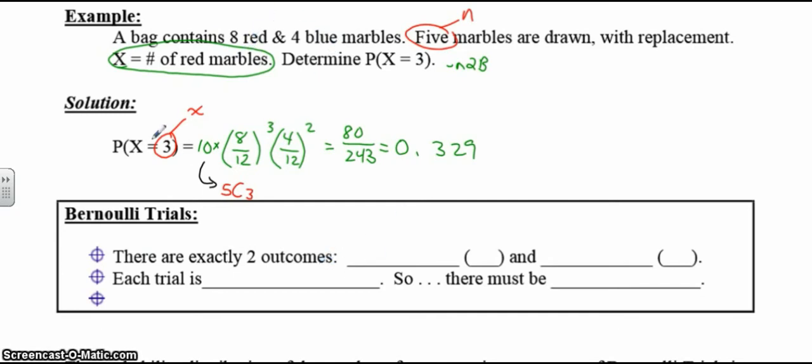The variable that is x is what we call a success, and it is labeled with a p for some reason. And the other one that we are not measuring is called a failure, and that one we call q. And the second point is that each trial is independent. So if you are drawing items, there must be replacement.